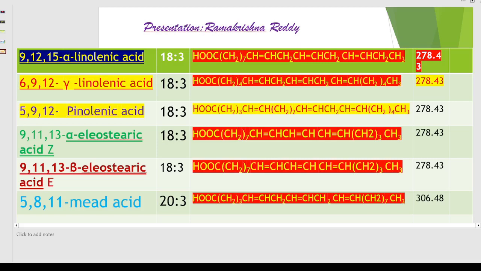That one is 6, 9, 12, and this is 9, 11, 13. This one also contains 18 carbons.